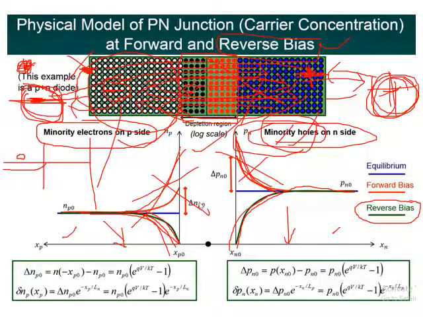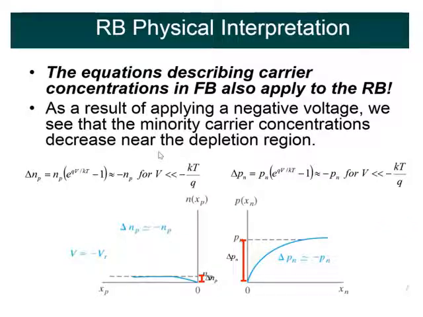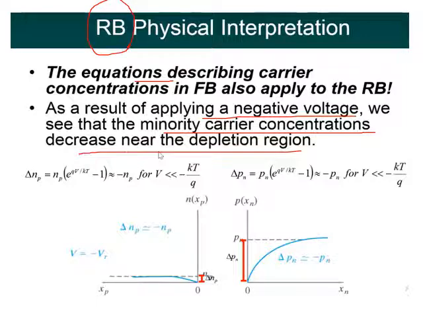The equations are also indicating the same theory which I have explained just now. So, moving further. As a result of applying a negative voltage, I am speaking of reverse bias again, we see that minority carrier concentrations decrease near the depletion region.